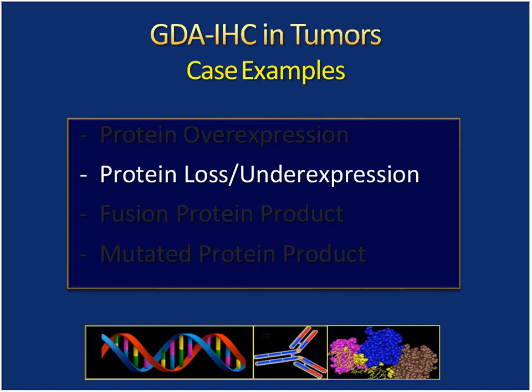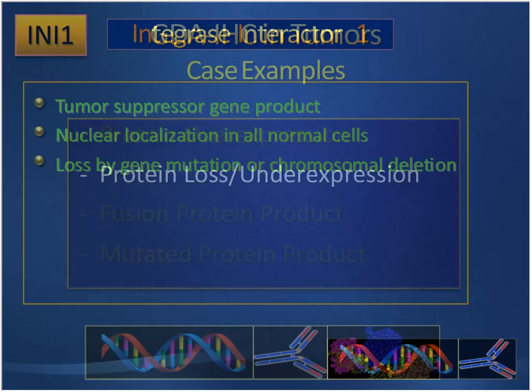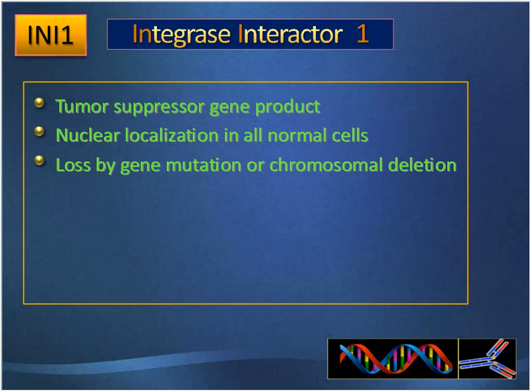The next category of case examples includes those in which we take advantage of protein loss or underexpression in tumors to come up with a differential diagnosis. To start with, one of the most useful is INI1, integrase interactor 1.